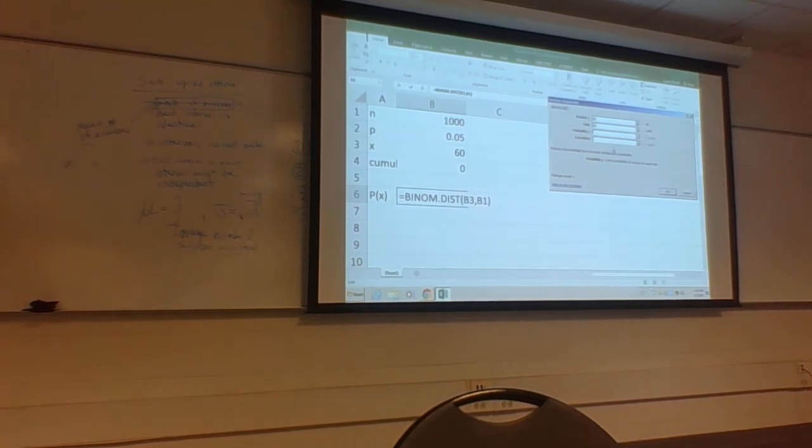Okay, what's the next thing? Probability, which is exactly 5. And the cumulative option is going to be what? 0. Or D4. So what's the likelihood?